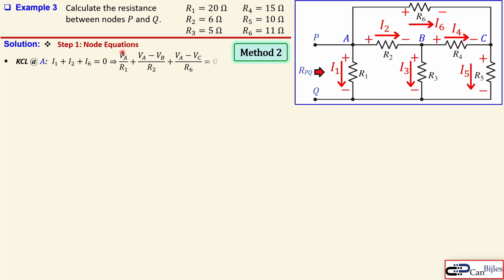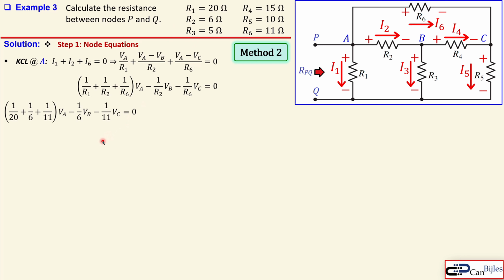Similar format, so VA over R1. And then this voltage is of course VA minus VB over R2, and this voltage here is VA minus VC over R6. That's all shown here. We can now group the coefficients for VA, VB and VC together, that's shown here. And then substitute the values we have been given, that's here, and then make it more exact.